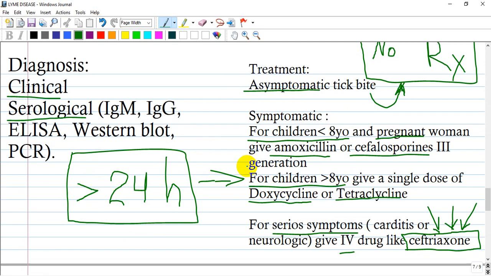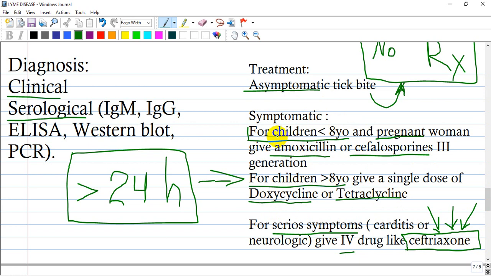In the treatment section, it is important to know that children and pregnant women represent special patients. If children are less than 8 years old or the woman is pregnant, you cannot give doxycycline or tetracycline, as it is teratogenic for both.